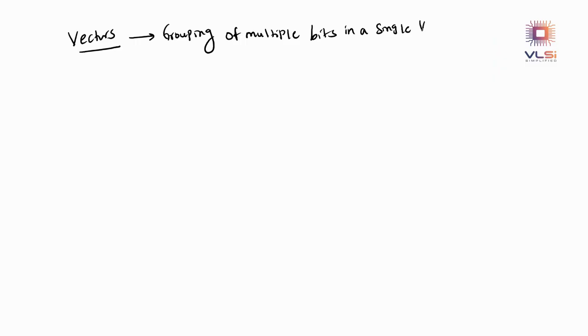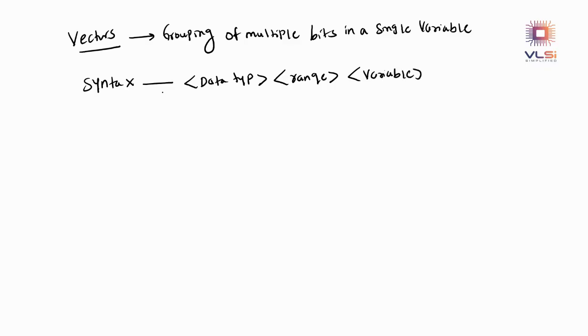The syntax is: data type, range, and then variable. The data type can be whatever data type; we can use the reg data type, or from the net data types, the wire data type. You can use any type of data type.